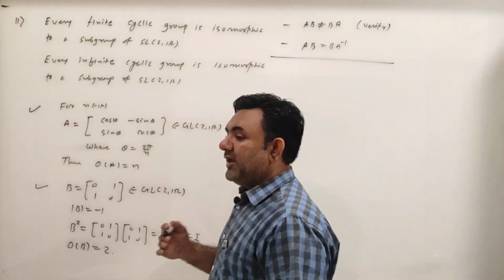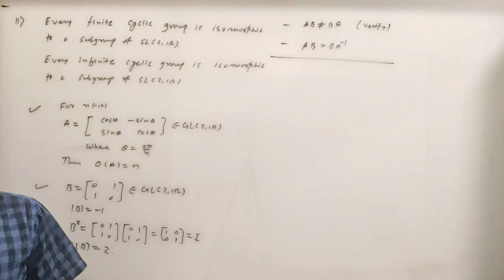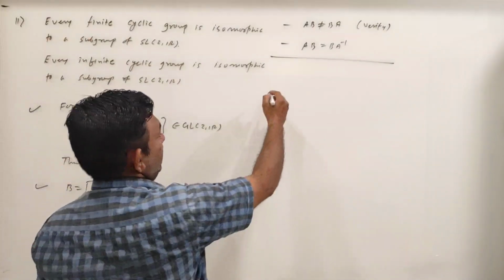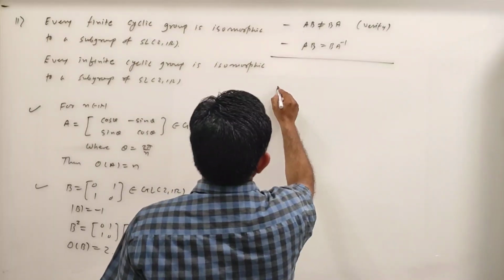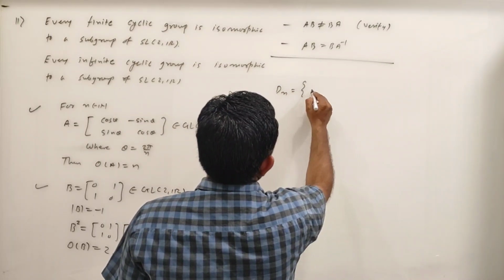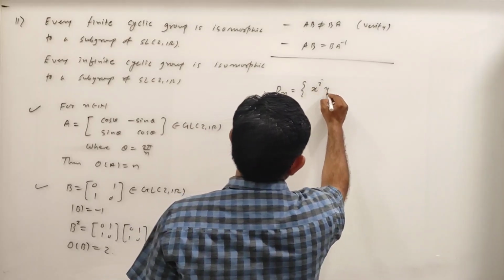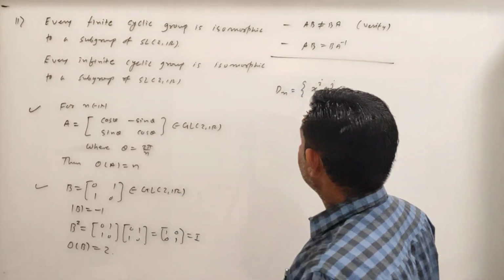Now you just recall Dn. What is Dn? Dn is x raised to i, y raised to j.